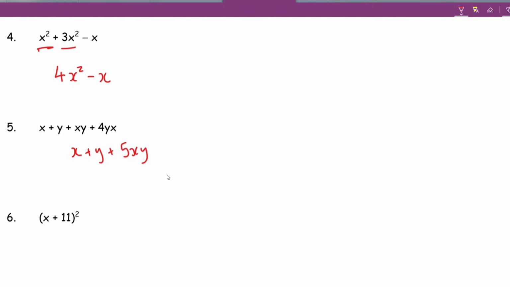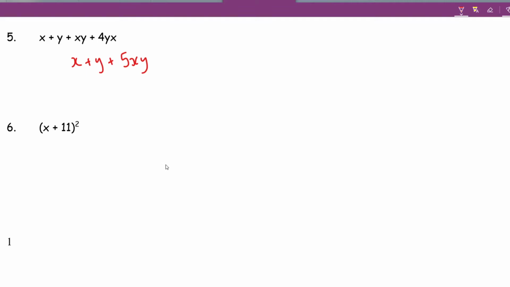Okay, scroll down. Now in this case, what we've got here is an expansion. It's got x plus 11 in brackets, squared. So the best way to tackle this, and some of you can do this, I'll show you a quick way in a second. But let's do the long way, the way you've been taught at GCSE level. So first of all, x plus 11 squared means times by itself.